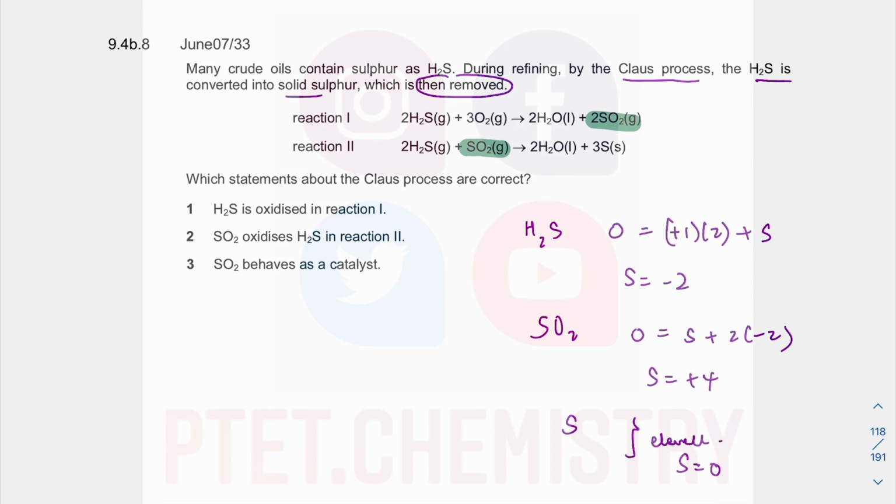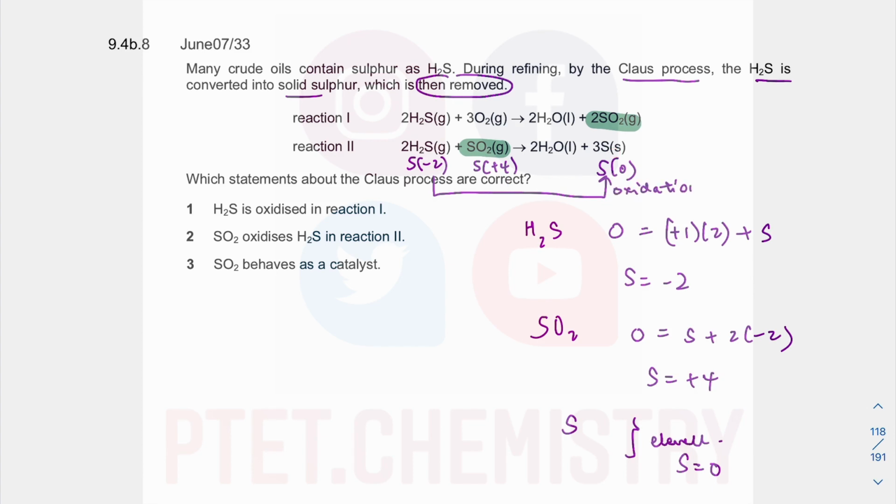So looking at all that, does SO2 oxidize H2S in reaction 2? In reaction 2, you have sulfur +4 becoming sulfur 0. So sulfur +4 to 0 is a decrease in oxidation number. That's called reduction. Okay, hang on, I got it the other way around. They don't want that. They want what happened to the H2S. From -2 in H2S to 0 in solid sulfur, there is an increase in oxidation number.